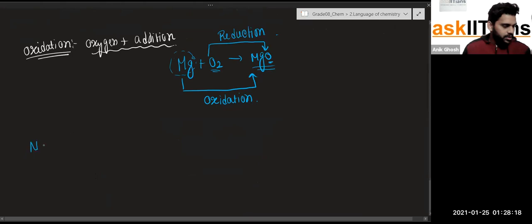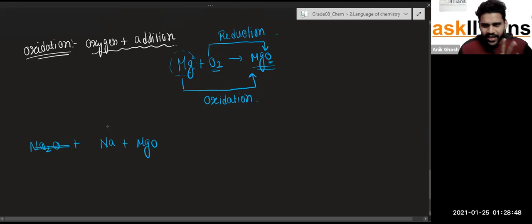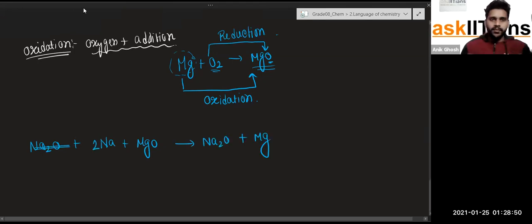Na2O, okay, just write it like that: sodium plus MgO gives you Na2O plus Mg. This is an arbitrary reaction, okay? That's the chemical reaction we have.